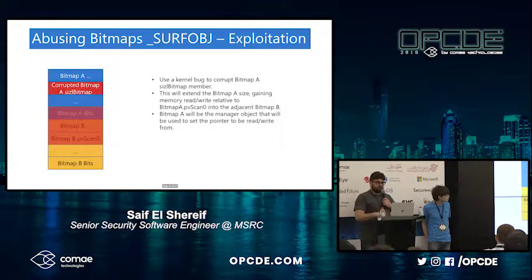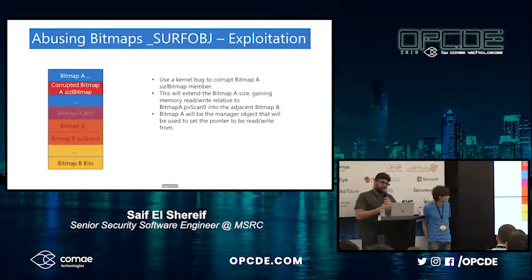Moving on to the exploitation steps, the same as the window object. Usually you want to get two bitmaps allocated adjacent to each other or near each other in memory, not necessarily following each other. You will corrupt the size member of the first one, which will give you relative read and write. Hopefully you'll be able to read and write up to the pvScan0, which is a pointer member of the second bitmap.